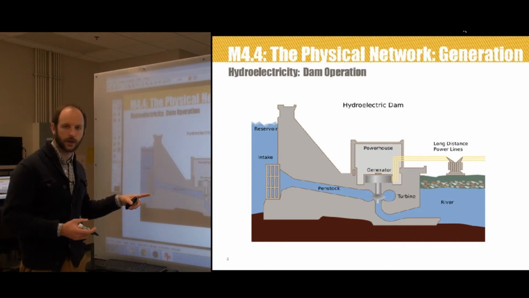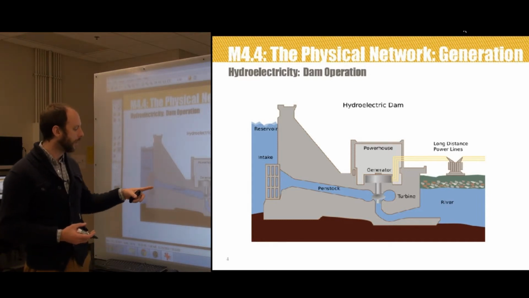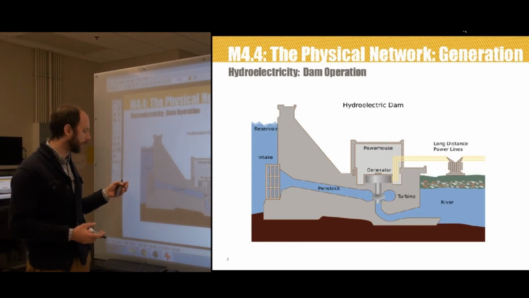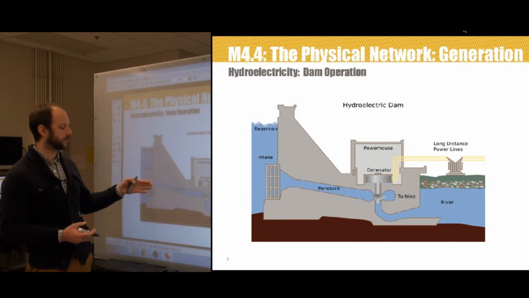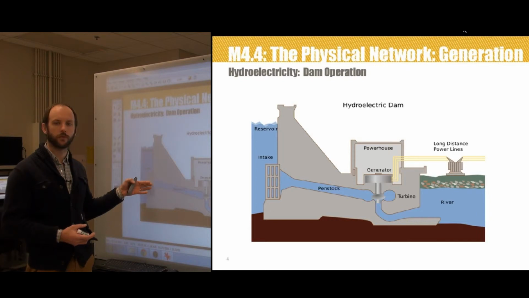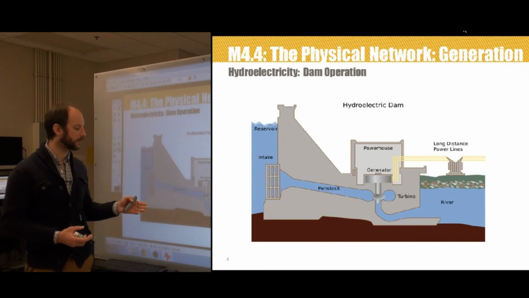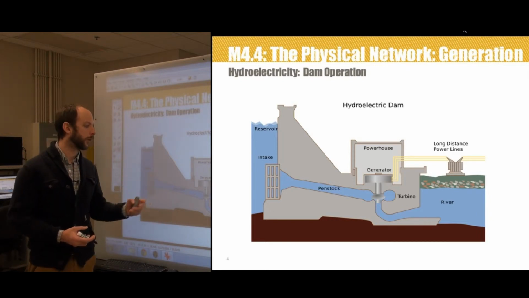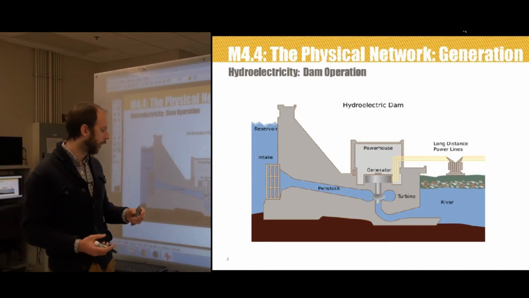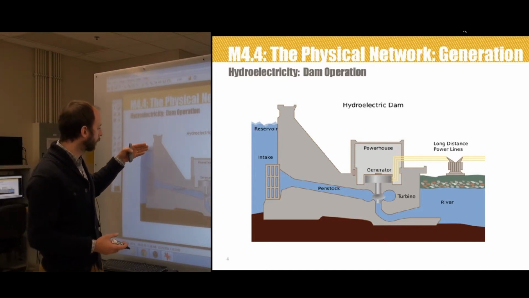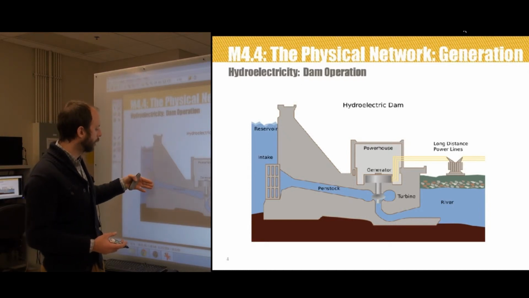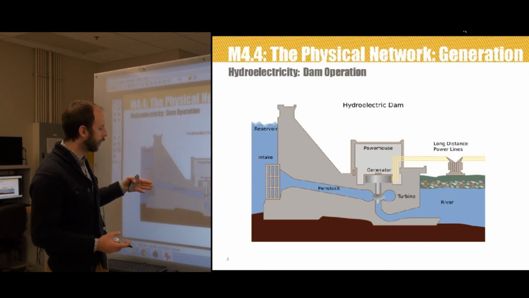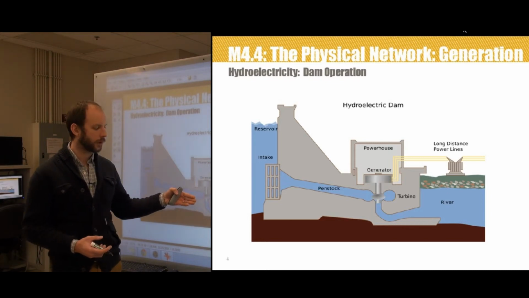The penstock usually has some sort of grate over it to prevent wood and different matter from going into the penstock. Additionally, this is usually sluiced to be able to control the flow of the water into the penstock so that I can open or close the flow into the penstock. Really simply, all that happens then is water pressure from the top of the head pushes on the water at the bottom of the reservoir, forces the water through the penstock flow tube.